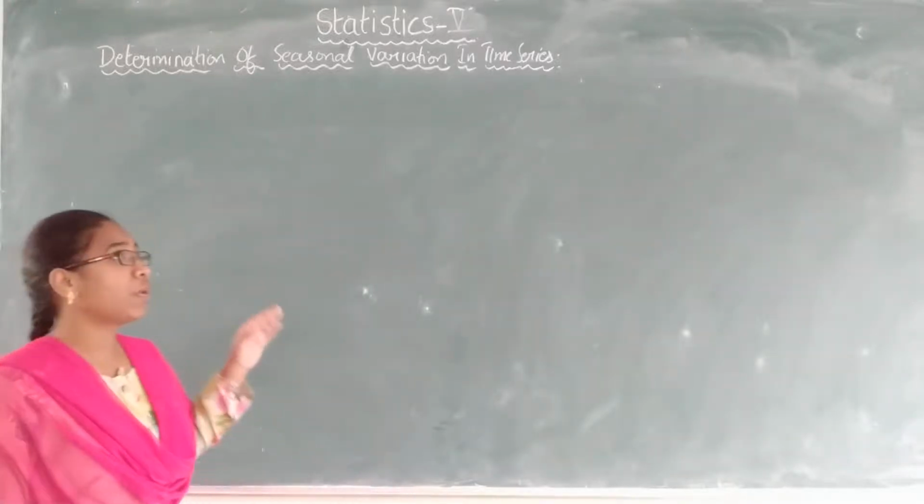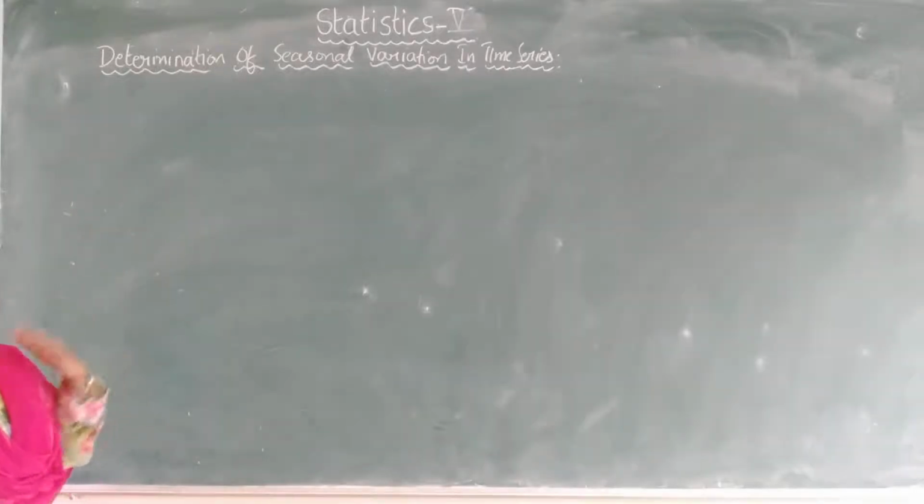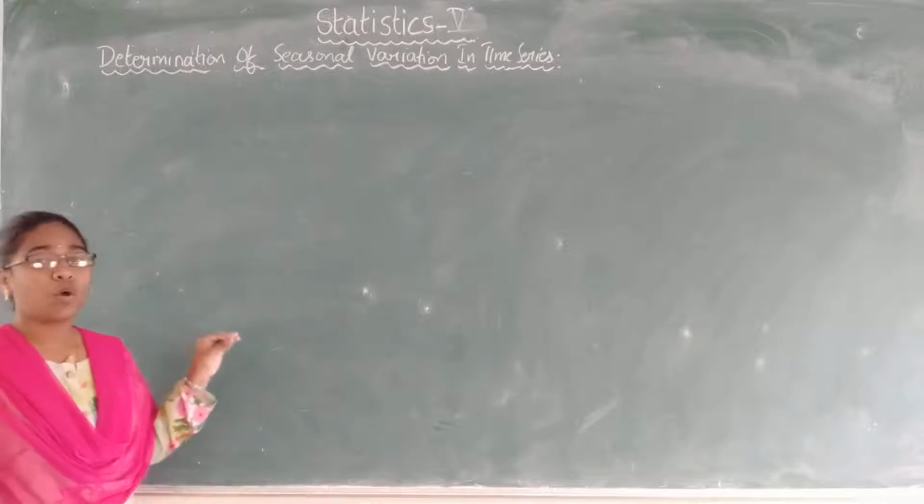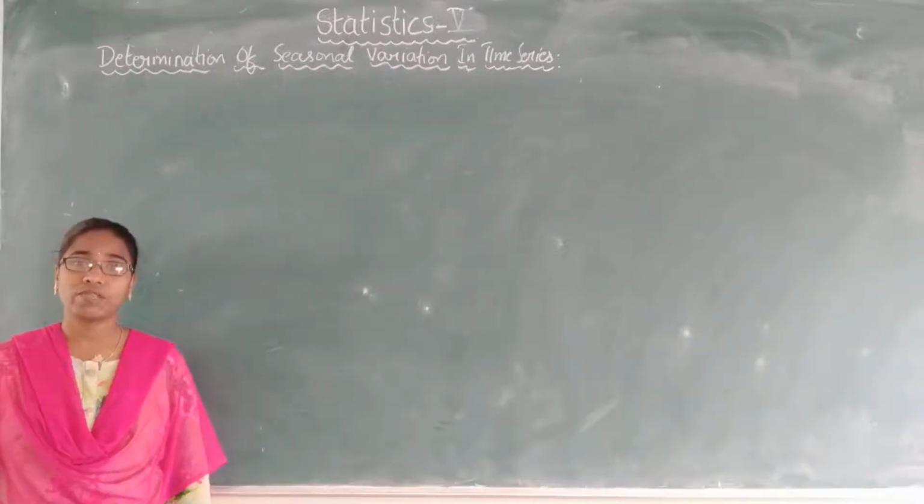Why do we determine these seasonal variations? The first need for the study of seasonal variations is to determine their effect, that is, how much effect they are showing on our data.